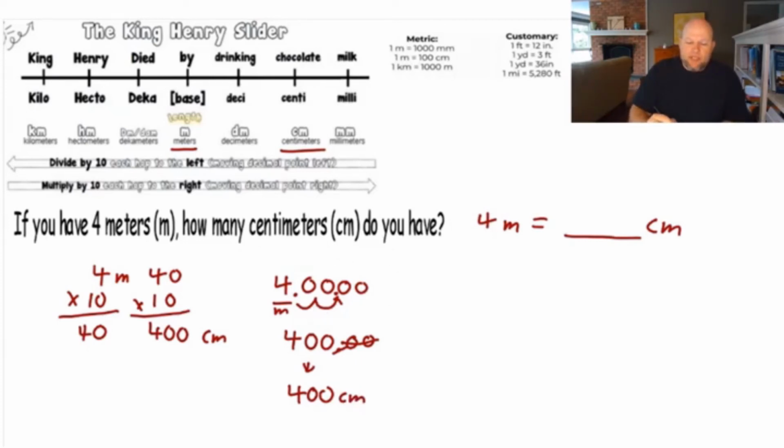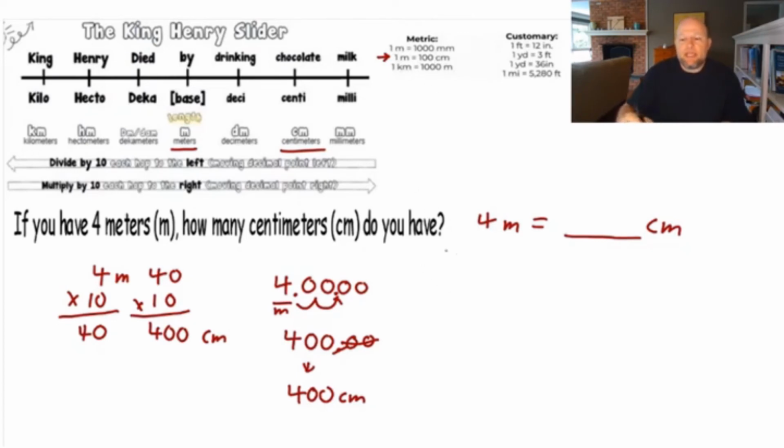Now there's another way to do it. If we look at this, moving this decimal point to the right twice and multiplying by 10 twice is the same as multiplying by 100. In fact, if we look here on our metric conversion chart, 1 meter equals 100 centimeters.